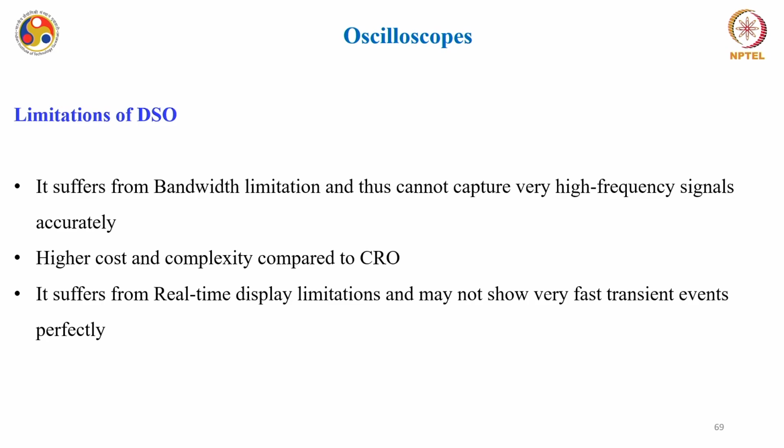It suffers from bandwidth limitation and thus cannot capture very high frequency signals accurately. They have higher cost and complexity because you are putting in a digital processor. So, of course, the cost will go high. It suffers from real-time display limitations and may not show very fast transient events perfectly.